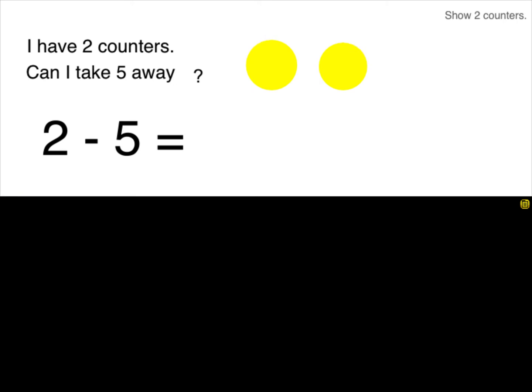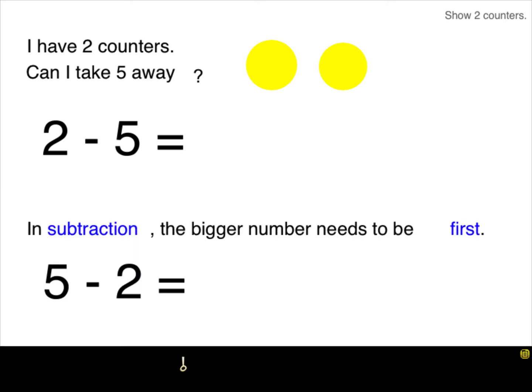No. In math, it's super duper important if we're doing takeaway that the bigger number goes first. When we do adding, it doesn't matter. You can start with the 2 or you can start with the 5. In takeaway, it super duper matters because if you start with 2, you can't take away 5. So when we do takeaway, the biggest number always needs to be first. And then these 2 are going to be smaller.